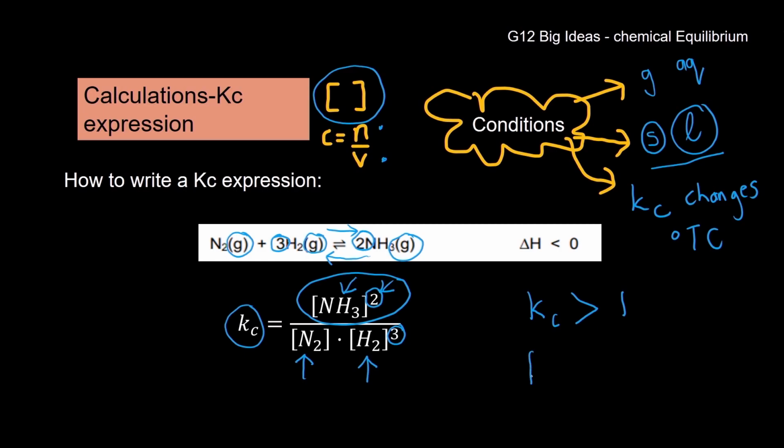If Kc has a value which is smaller than 1, it's less than 1, then we know that this concentration of product for the forward reaction is low. We get a low value of Kc. That means that the value of the concentration of the product is low. So the Kc value is not just a number. It tells us a lot about where the equilibrium sits.